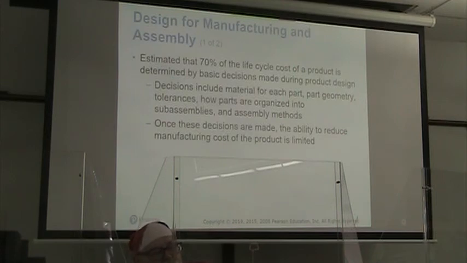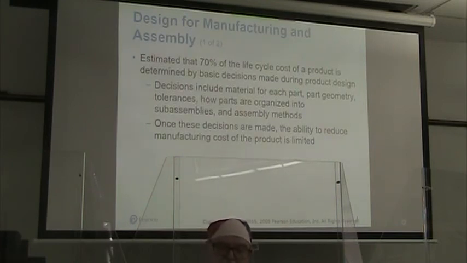Design for manufacturing and design for assembly are ideas that have begun to gain currency in recent years. It was eventually recognized that 70% of our life cycle cost is determined by the basic decisions made during product design.